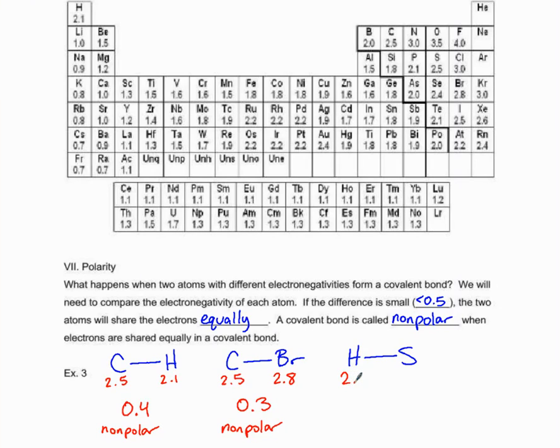It had a value of 2.1, and sulfur is here. It has a value of 2.5. And the difference between these two numbers is 0.4. Less than 0.5 means nonpolar.